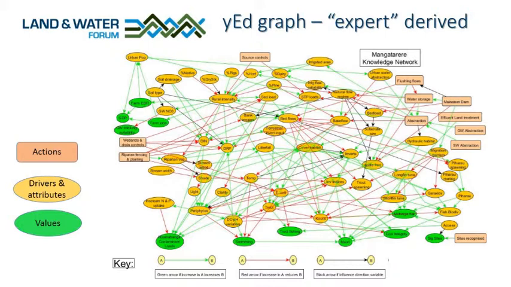I'm going to show you some tools where we can chunk it up and work our way through the process though. But what we've identified are the values that people are trying to achieve at the base here, so things like trout fishing, swimming, ecological integrity, all the different drivers that interact with those values, and the actions, the things we can intervene with in the catchment, and what it is that they do.